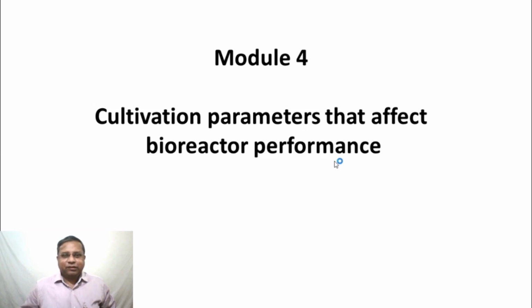In the first module, we were introduced to bioreactors. We saw the common types of bioreactors and their common modes of operation, and also some sterilization kinetics, including the decimal reduction time. In the second module, we saw the outcomes of the bioreactor, the two major outcomes of the bioreactor.